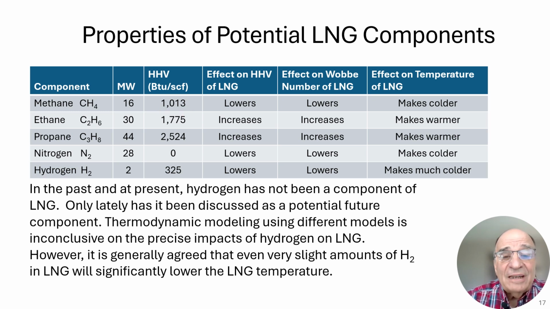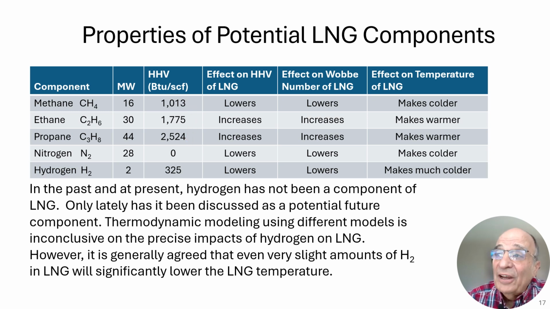And the effect you have on LNG is the more methane you add, it lowers the BTU content of that LNG because it's the component with the lowest higher heating value, assuming you're not adding in nitrogen and hydrogen. But of the hydrocarbons, it's the lowest. This is methane, ethane, propane.